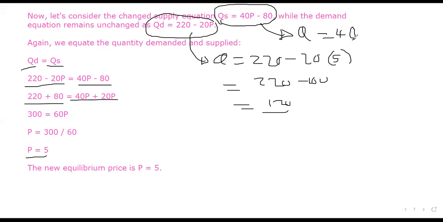That is P put 5, minus 8. This would be the same, 200 minus 80, which will give you 120. Same figure you're getting. Is that clear?